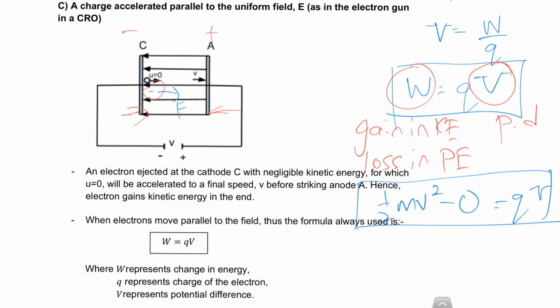So in summary, we call it motion parallel to the field. Because if your electric field is, for example, horizontally to the left, and your electron is moving to the right, isn't it still moving parallel to the field? Or if your electron moves to the left, it is still parallel to the field. So whenever a charge moves parallel to the field, we can use these two formulas. Understand?